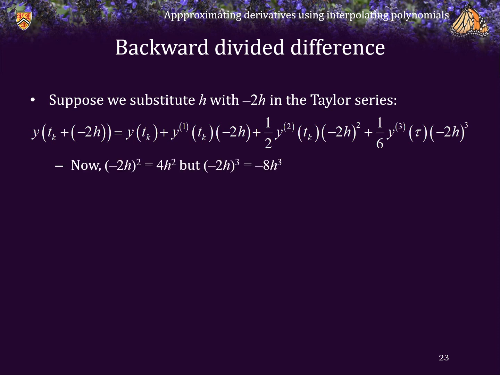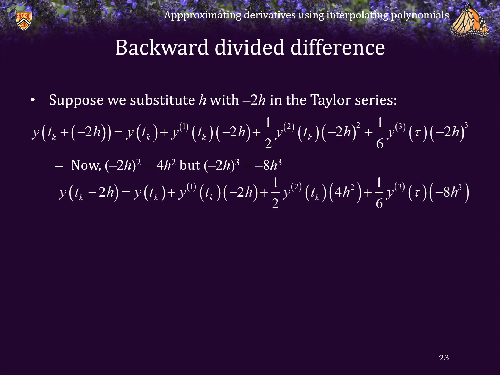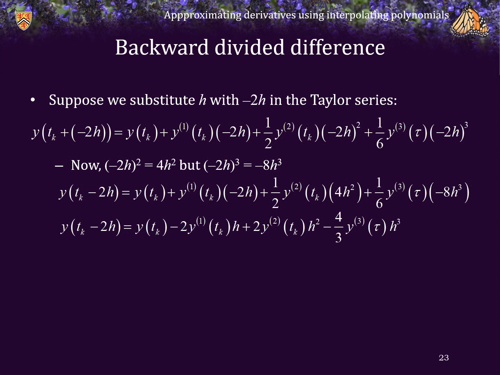Now, negative 2h all squared is 4 times h squared, and negative 2h all cubed is negative 8 times h cubed. So substituting that into the previous expression, we get this equation here, and simplifying it gives us this Taylor series approximation. And once again, the value of tau lies somewhere between t sub k minus 2h and t sub k.